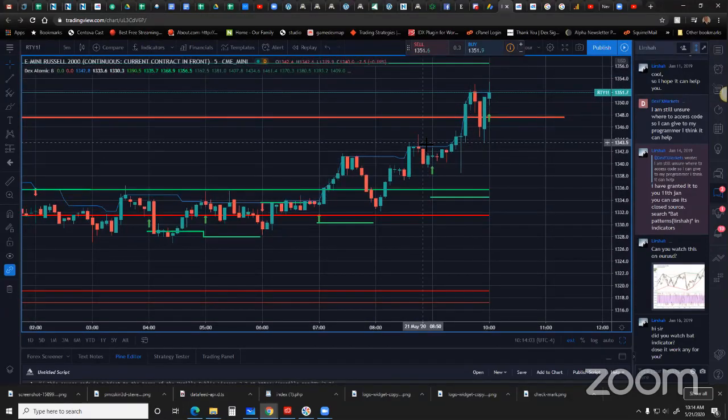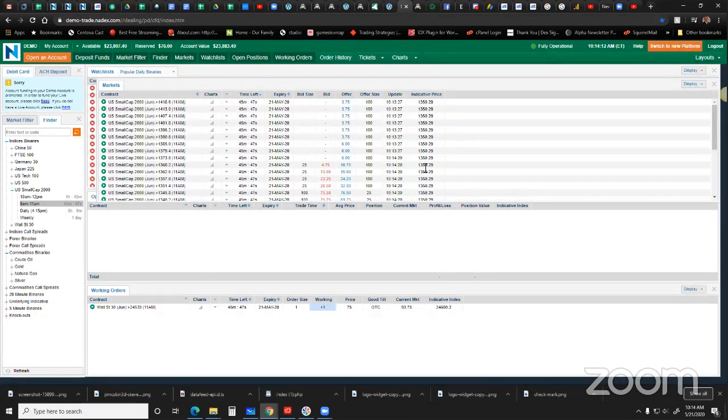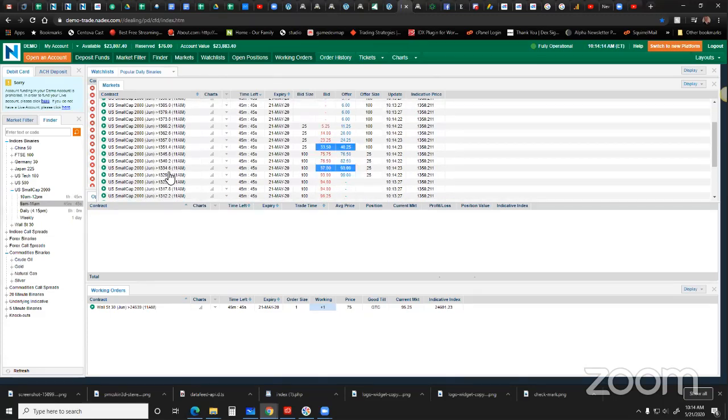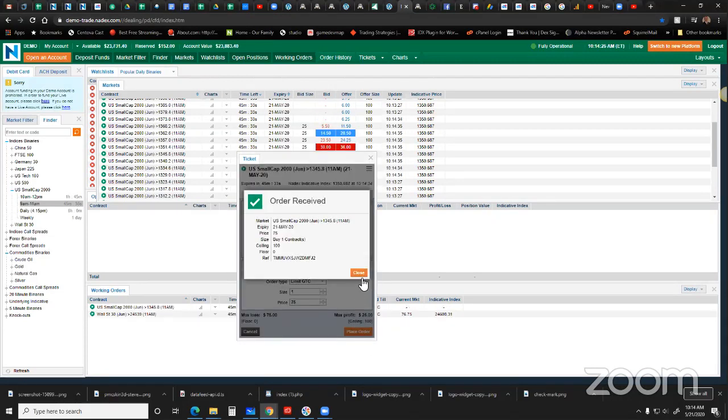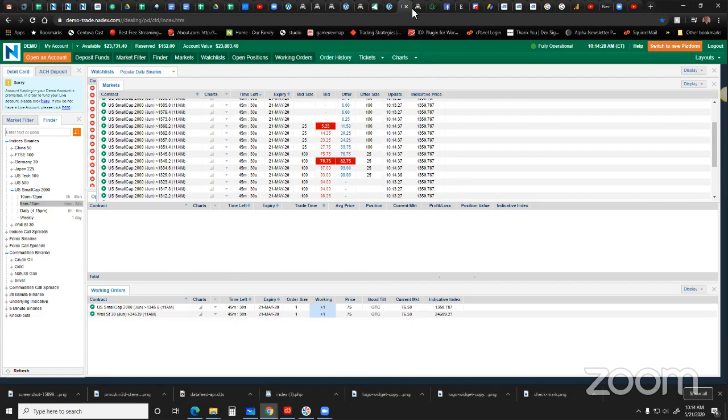I'm almost better off down in this area here at this other deviation, 1342. 1340 looks like a pretty good number. Even 1345 would be pretty good too. Okay, both in working orders. Again, it probably would have been a lot better if I had gotten them when I got in, but this is just a test run this morning.